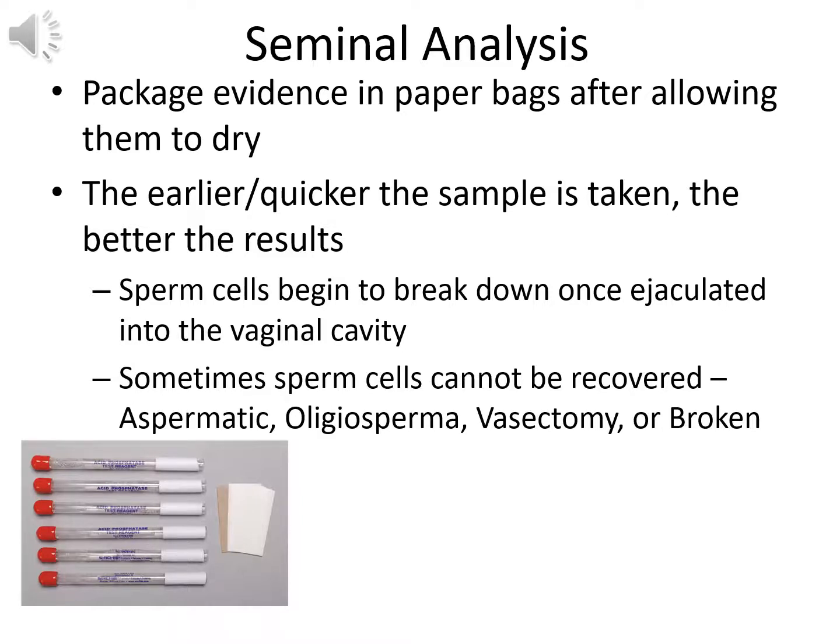Collection usually occurs with rubbing against the semen stain, and it's possible to break those fragile sperm, and that may be another reason those sperm cells are not recovered. So we want to collect the sample early so that we have our greatest likelihood of finding sperm in the semen if they're present.